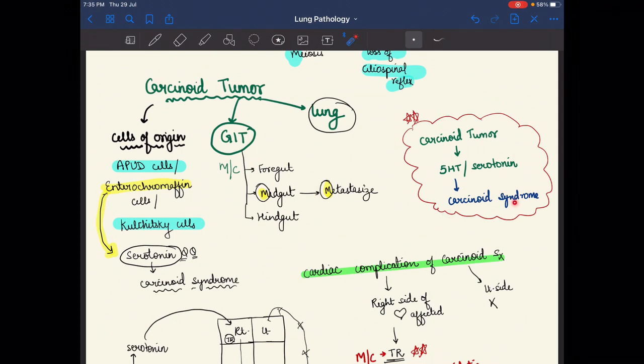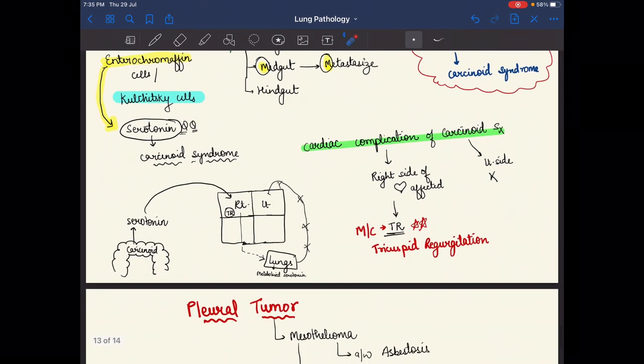Carcinoid tumor is due to 5-HT, that is serotonin. Carcinoid syndrome occurs from the carcinoid tumor due to serotonin. The cardiac complication of carcinoid syndrome affects the right side of the heart. Why the right side and not the left side?